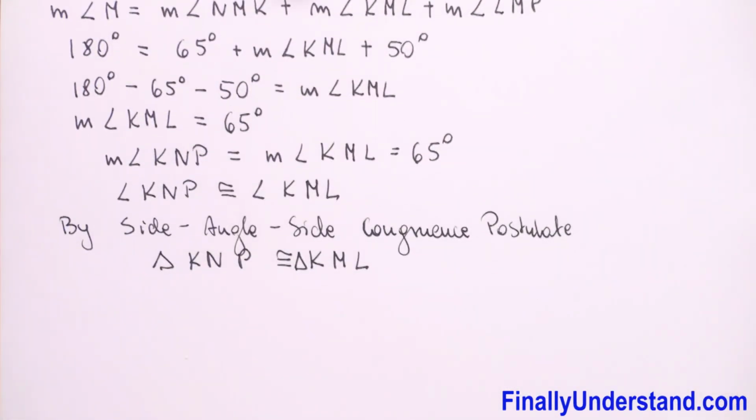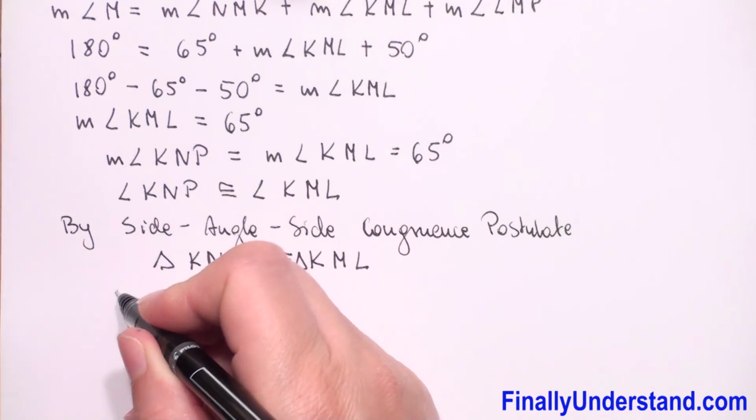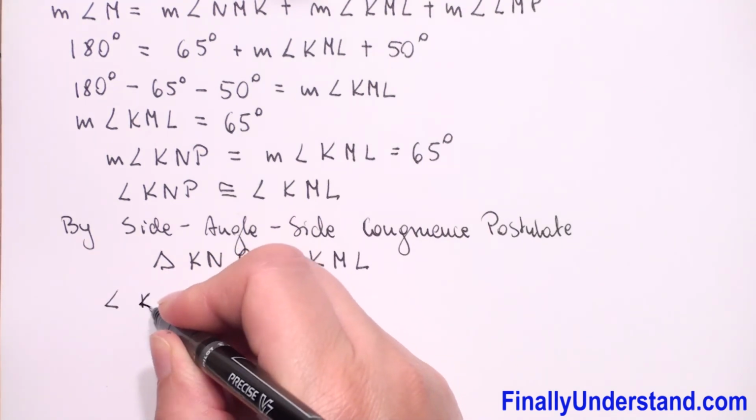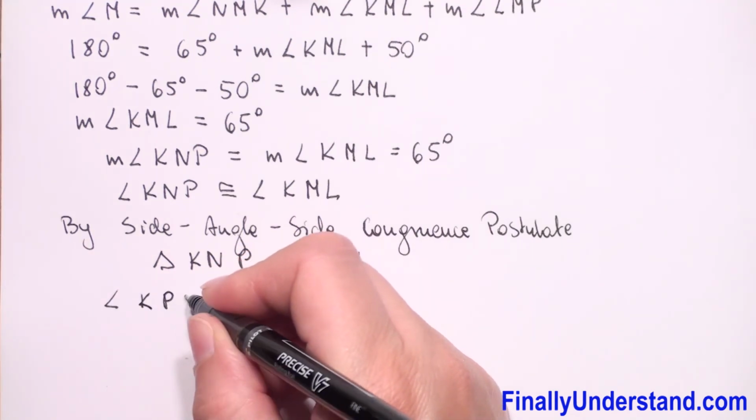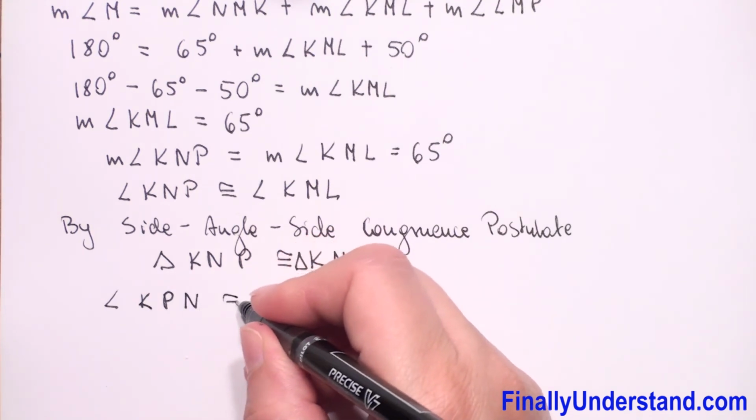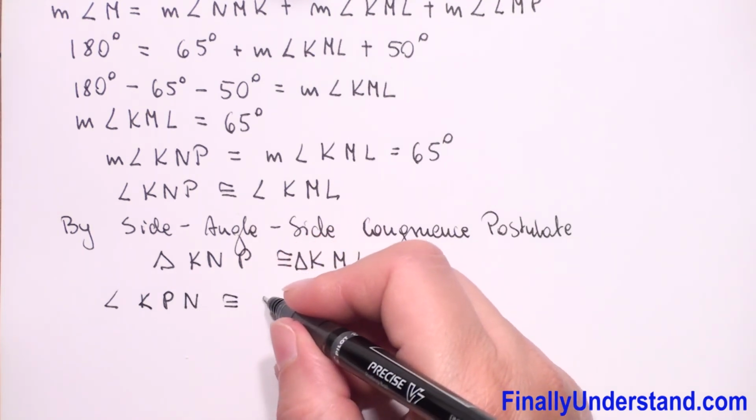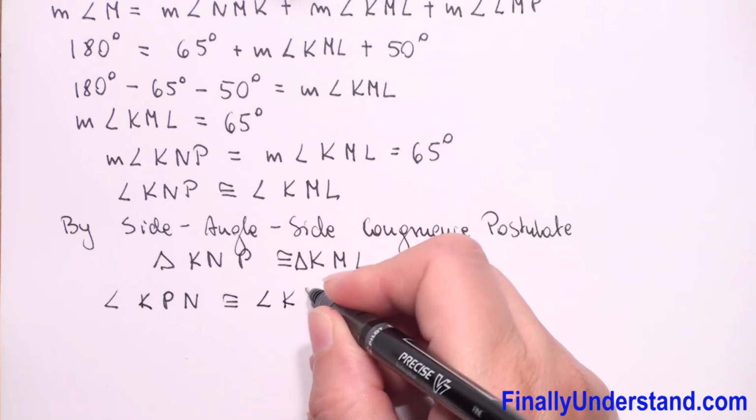So we can write that angle KPN is congruent to angle KLM.